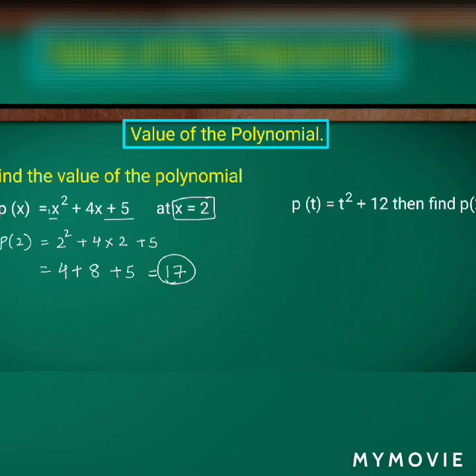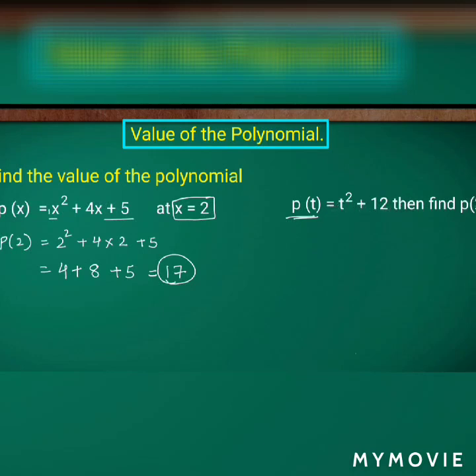In the same way, you don't bother about the variable. The variable can be any alphabet from A to Z. The only thing is they will give the value of the variable, and we have to substitute it in the given equation. So if you observe the next one, p of t equals t square plus 12. Then find p of 2.